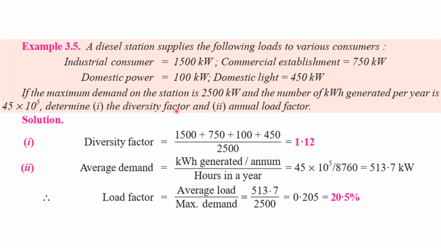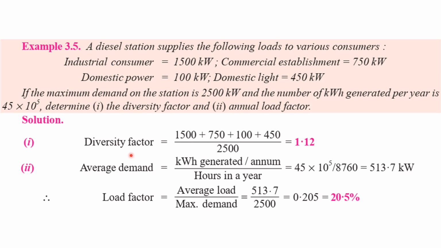Diversity factor is easy to do because these are all maximum demands. So these maximum demands can be summed up and divided by the maximum demand that occurs on the station. That will give you the diversity factor of the plant as 1.12. Now you have to find out the load factor. For that you need average load or average demand.